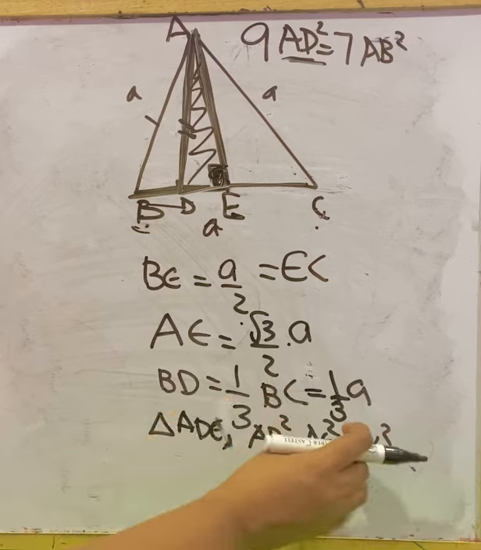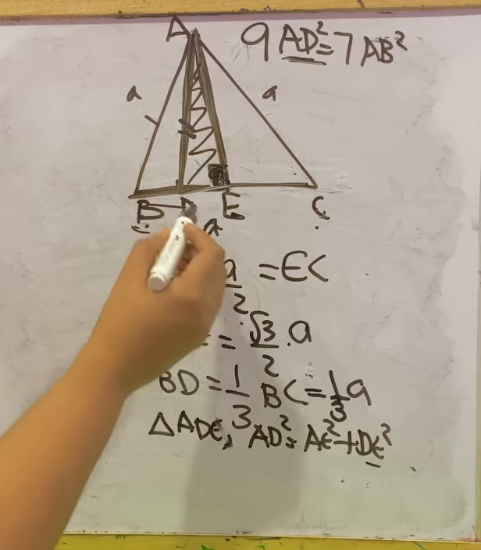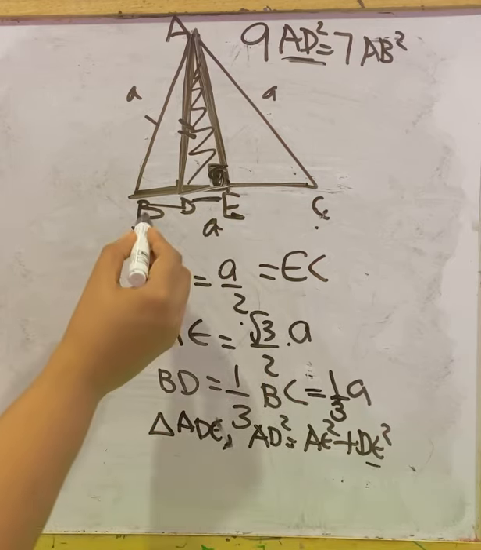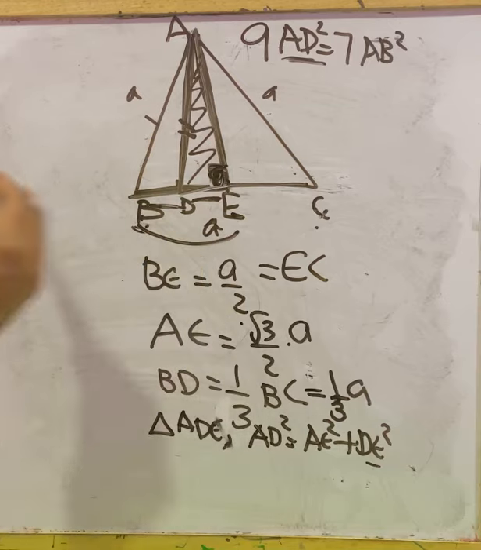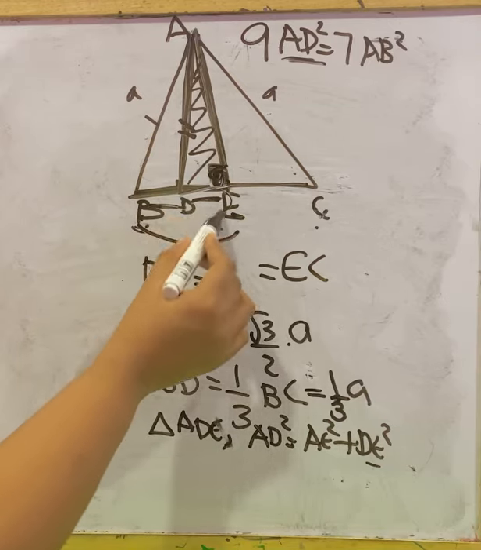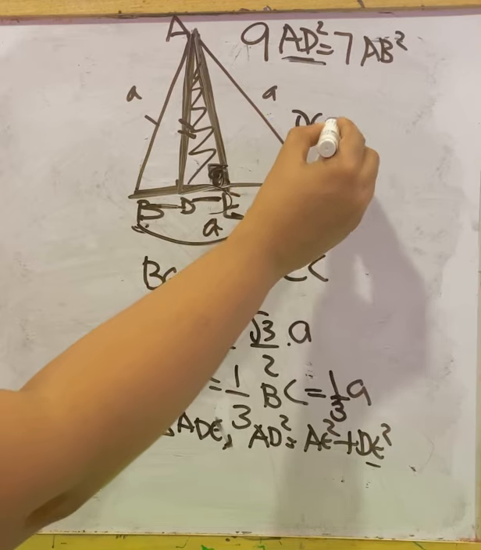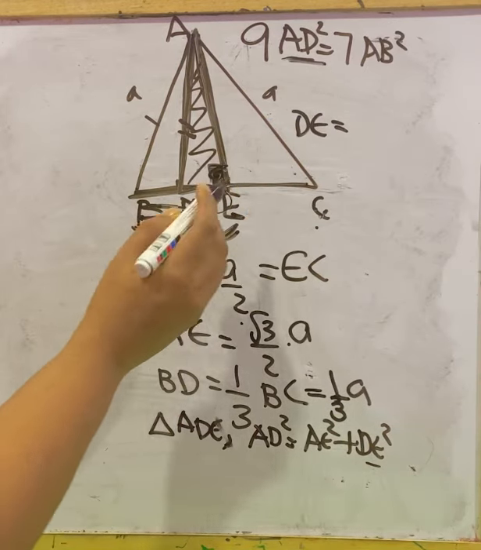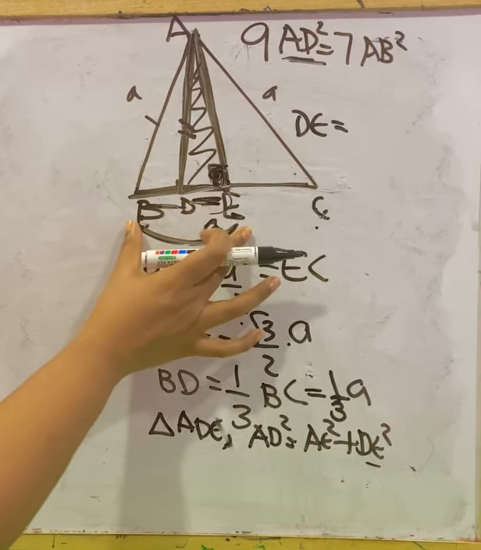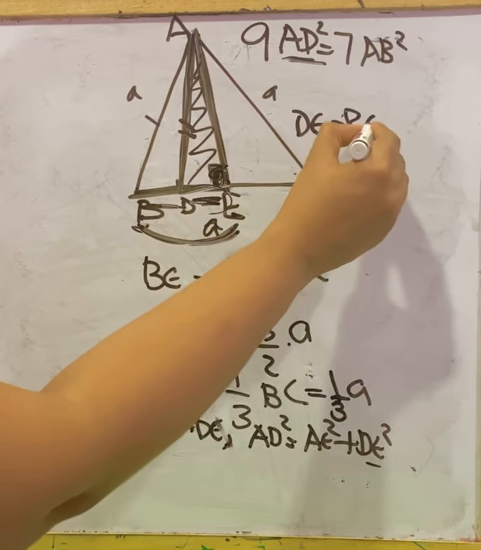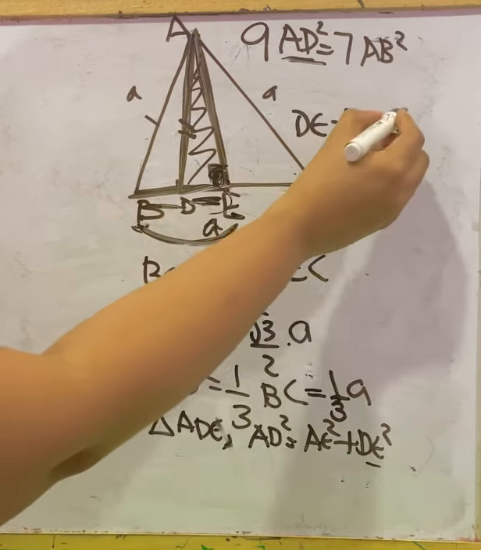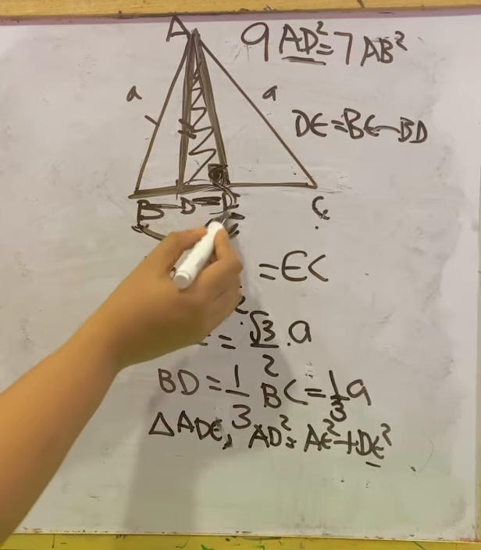So to substitute the values here, first we have to find DE, this length. We know BE and BD length, so it is easy for us to find DE. That is DE is equal to BE minus BD, we will get this DE.